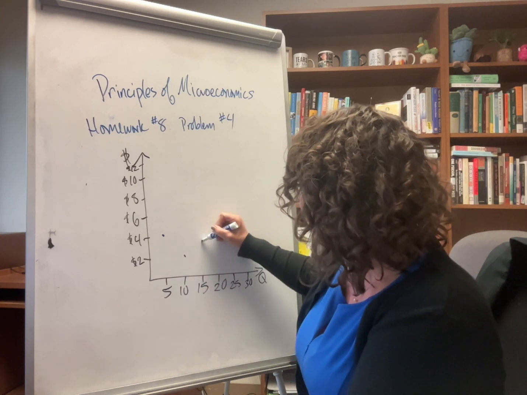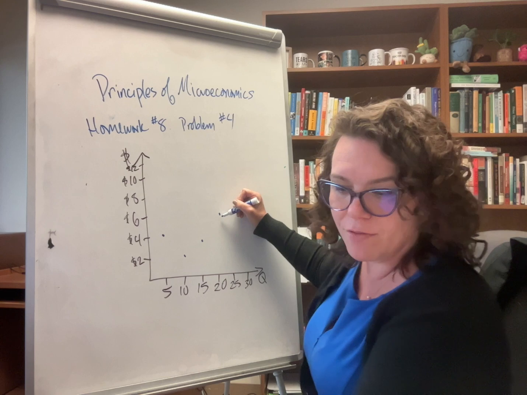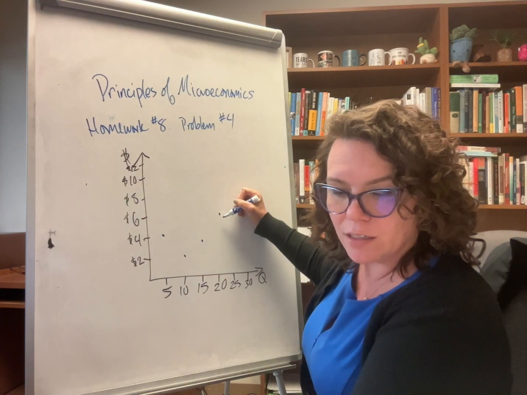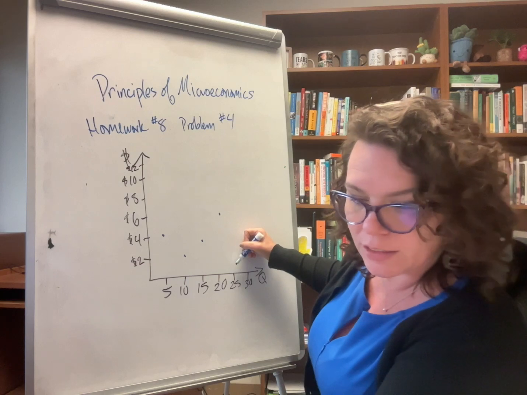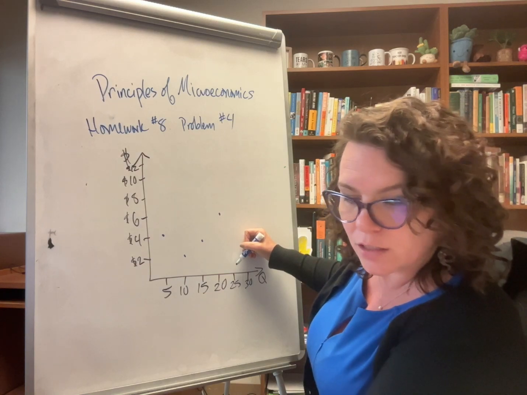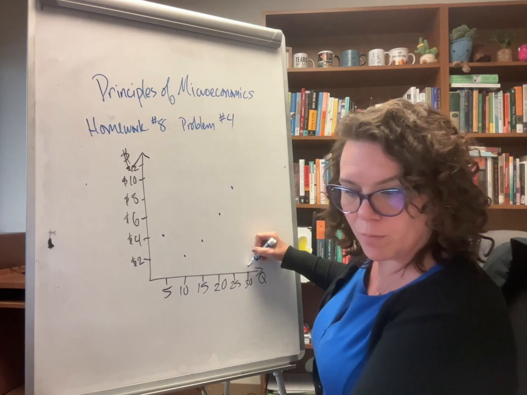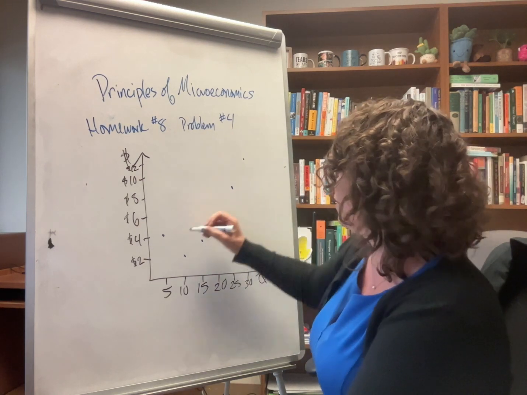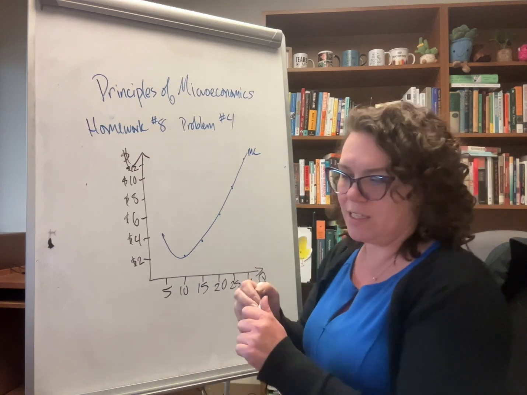At 15, marginal cost of 3. At 20, marginal cost of 5. And at 25, marginal cost is 8. And at 30, marginal cost is up to 10. And at least that curve now fits.